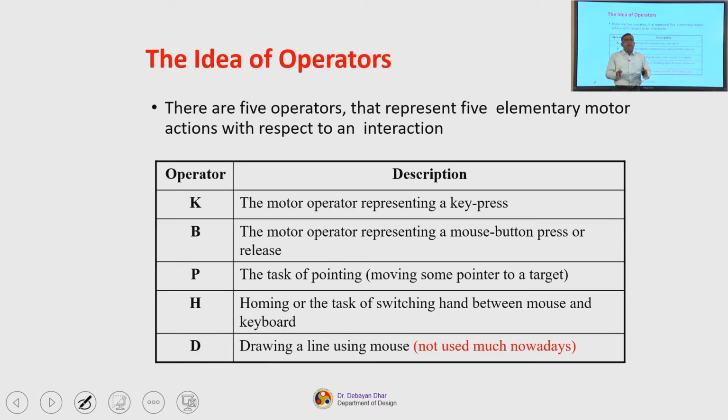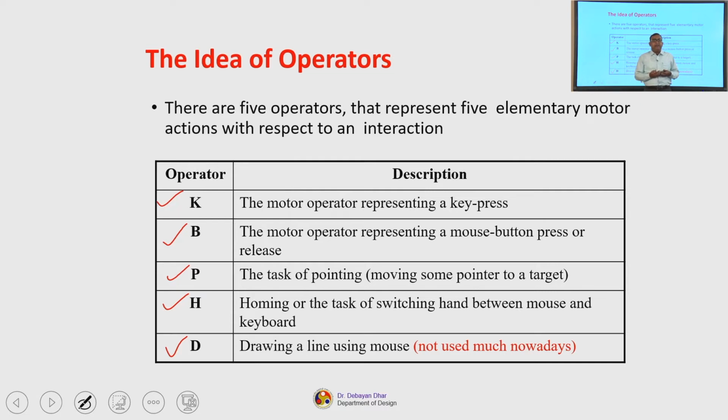Now, there are 5 operators that represent 5 elementary motor actions with respect to an interaction. These are physical operators: operator K, operator B, operator P, operator H and operator D. Operator K means the motor operator representing a key press. Operator B means the motor operator representing a mouse button press or release.